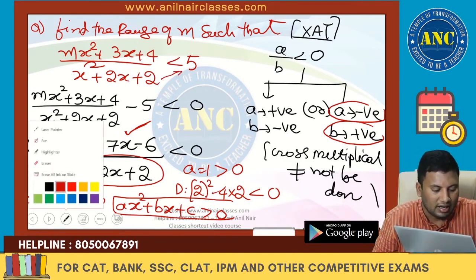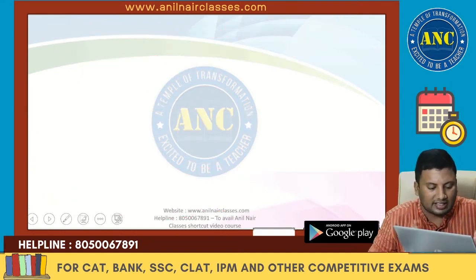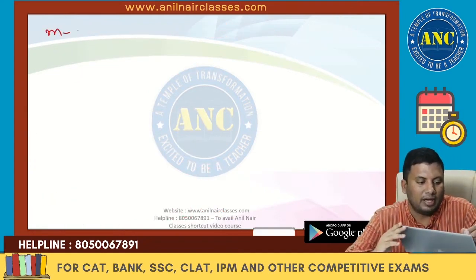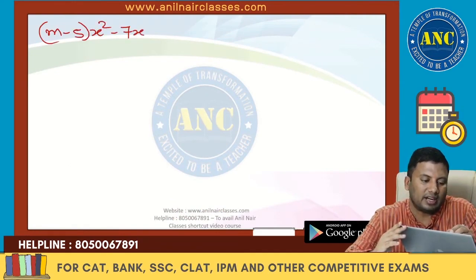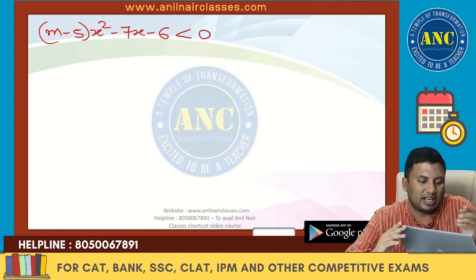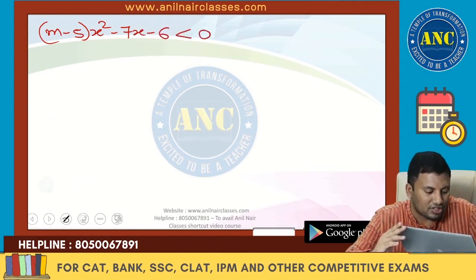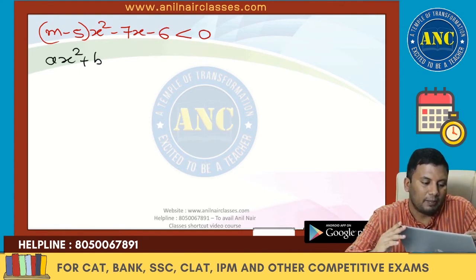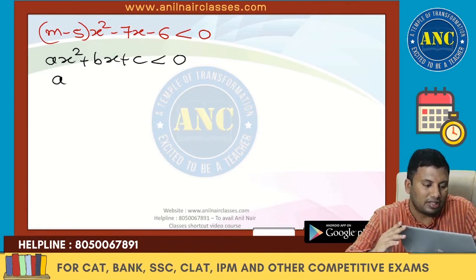Now see here. So numerator is less than 0. This will be (m minus 5) x square minus 7x minus 6 less than 0. Then what we discussed? Ax square plus bx plus c less than 0 means a is less than 0 and d is less than 0.